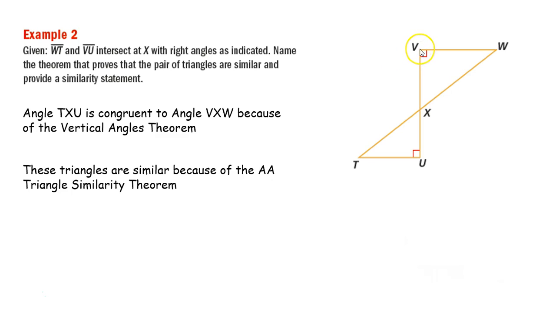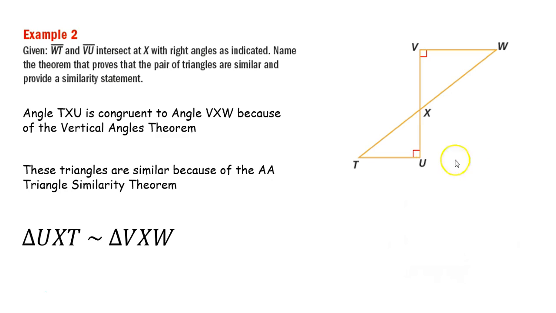As a result, V is going to correspond to U. V corresponds to U. That might be a little bit more clear because they're both right angles. And then this angle right here, which we're going to call TXU, as I called it right here, has to correspond to VXW. That's what I'm calling that angle. So we need to make sure those things match in our similarity statement.